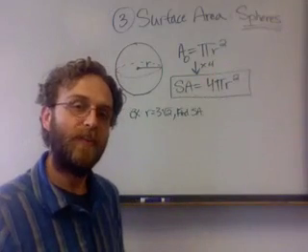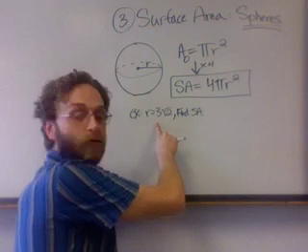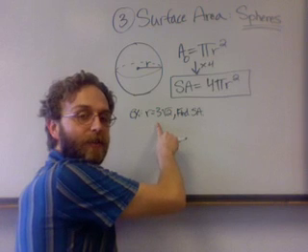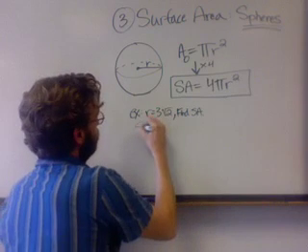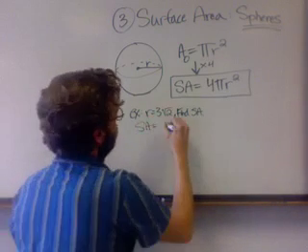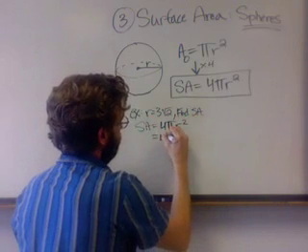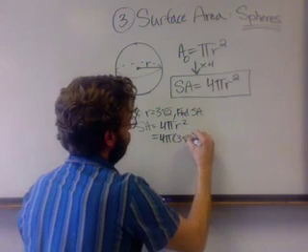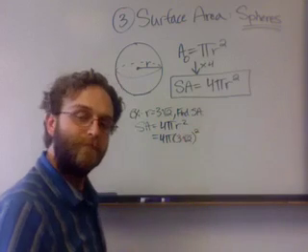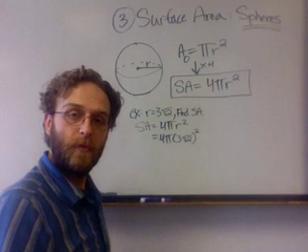Let's try an example with this. What if we had a sphere whose radius was 3 root 2, and we were asked to find the surface area? Let's use our formula. Surface area equals 4 pi r squared. In this case, that means 4 pi times 3 root 2 squared. So what's 3 root 2 squared? Well, that means 3 root 2 times 3 root 2.